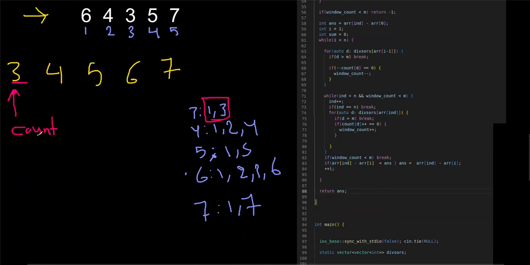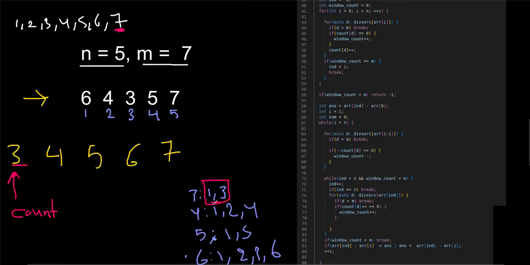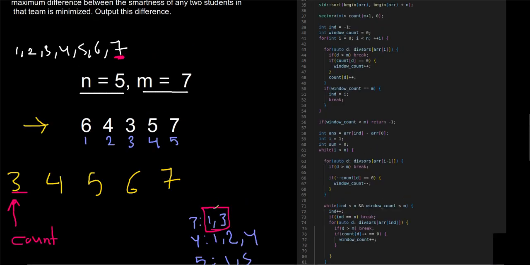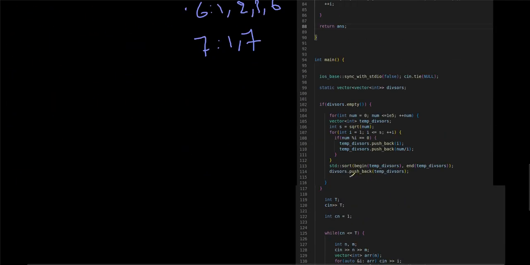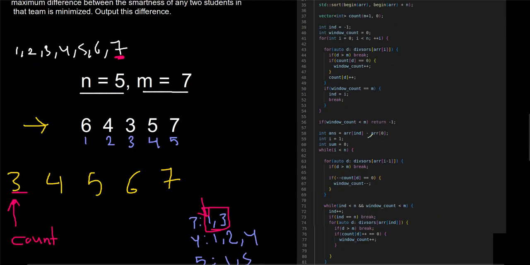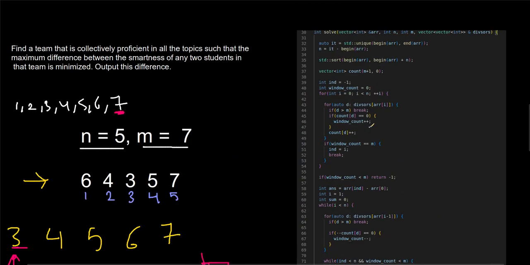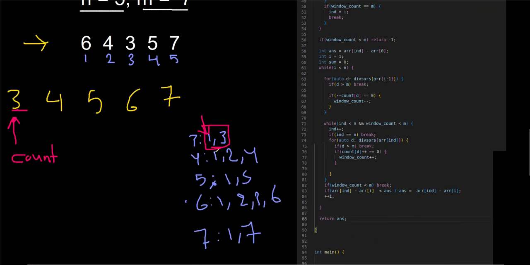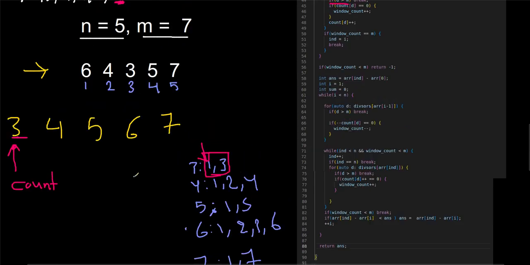So the first divisor is 1. Notice that for every number we sorted the divisors incrementally, so that if the divisor is greater than m, we skip it or we break. So here we have 1, 2, 3, 6, 1, 7, 1, 5, 1, 2, 4, 1, 3. Everything is sorted.